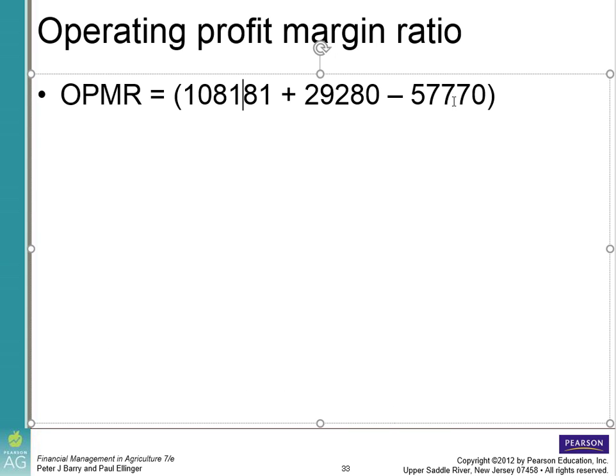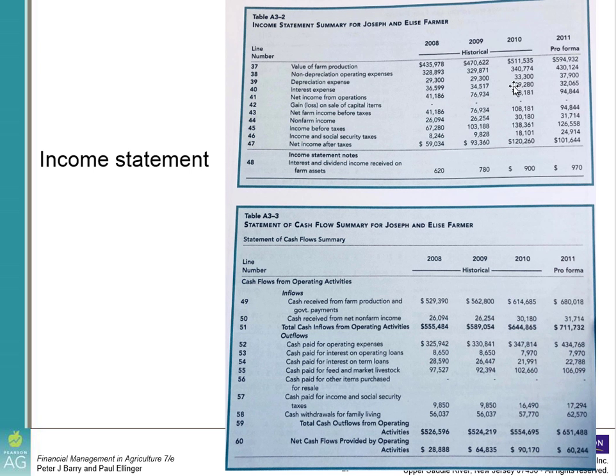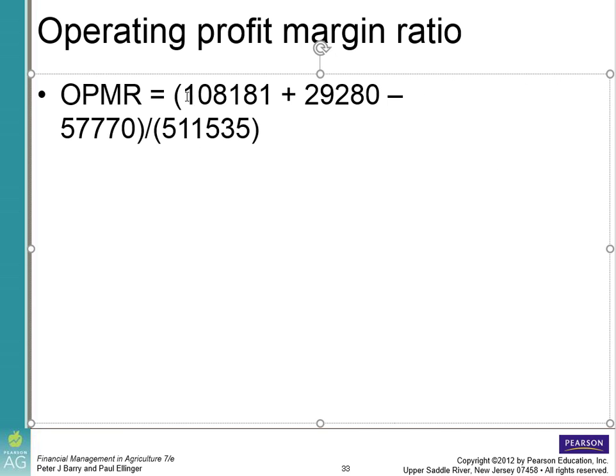So value of farm production, simply go ahead and then you divide by 511,535, the top line.